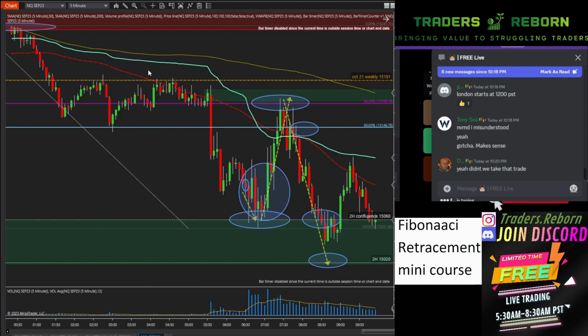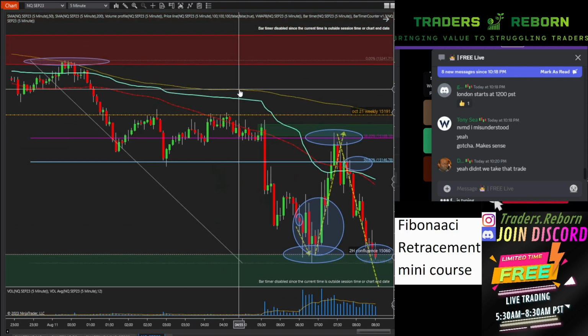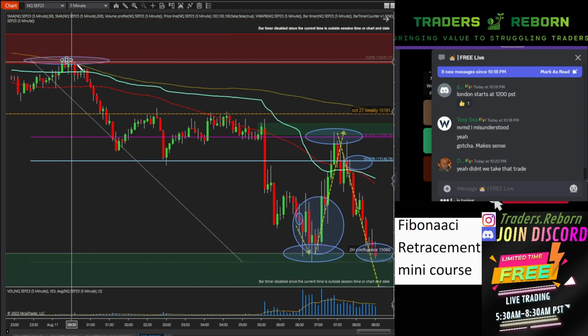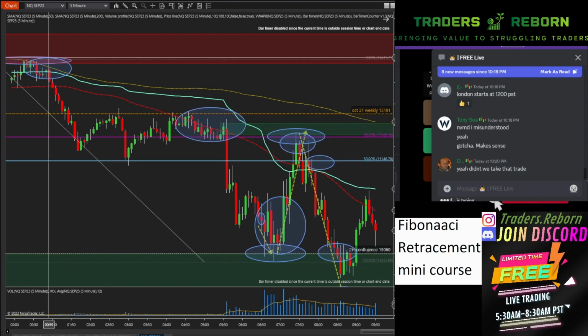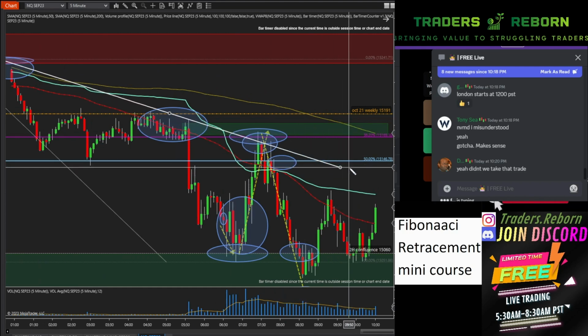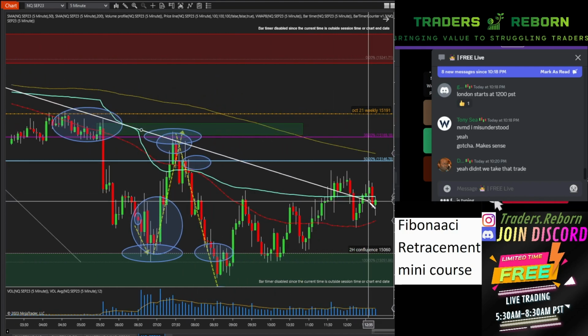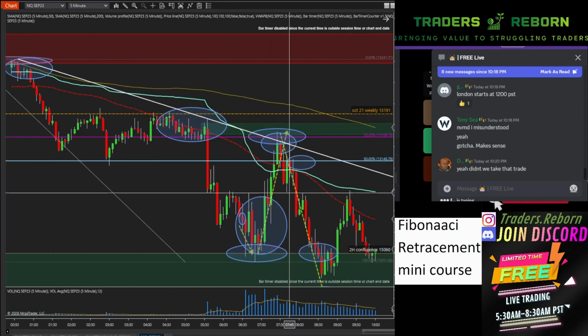Because look, we are making a lower low on each. We're not able to reclaim. See, we're not reclaiming this, then we're not reclaiming this high. We just keep making lower lows, right? Lower lows, right there.